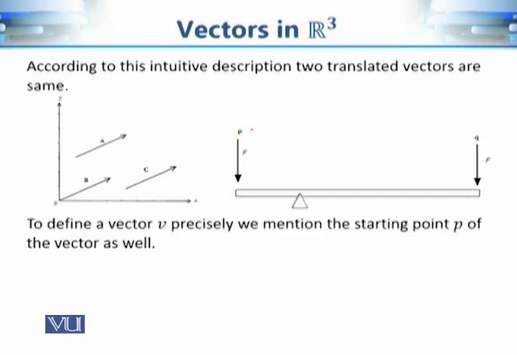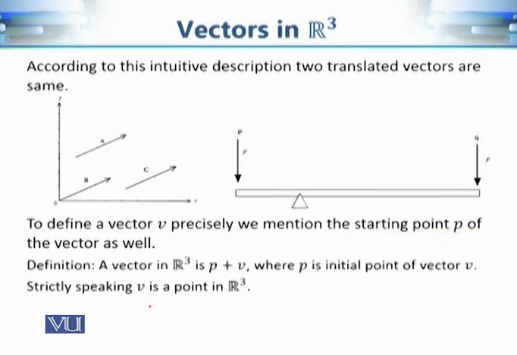So that's exactly what we are going to do. To define the vector, we mention the starting point of the vector as well, and that's what we are going to do for the rest of the discussion in differential geometry: our vector is basically P plus V, where P is the point of application, basically the initial point of the vector, and V is the vector part.